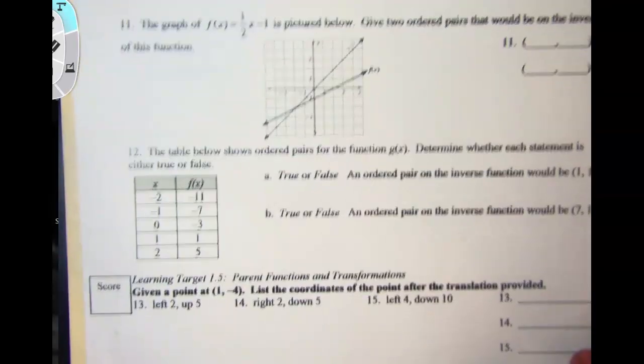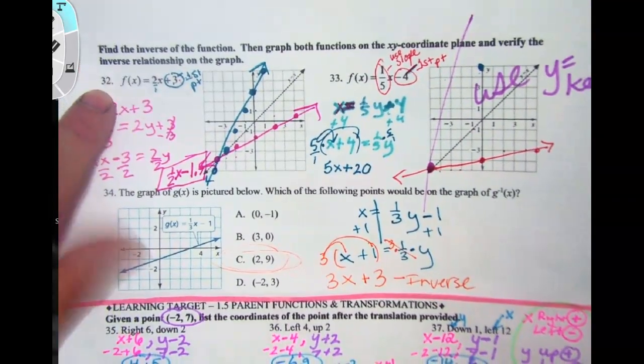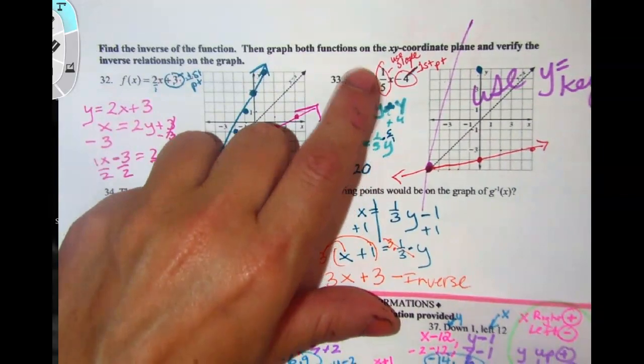All right, let's flip the page over, and we have now the ones where we have a graph. So if you look at learning target 1.4, our graph ones are actually on the back of our review for 32 and 33.